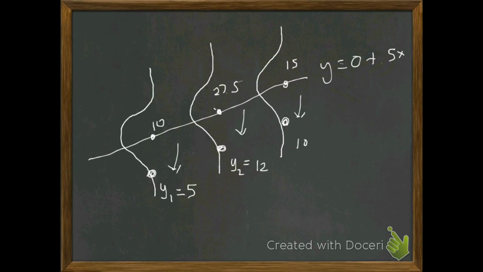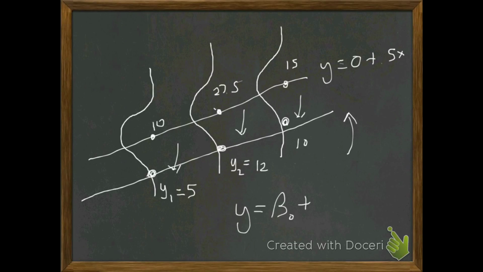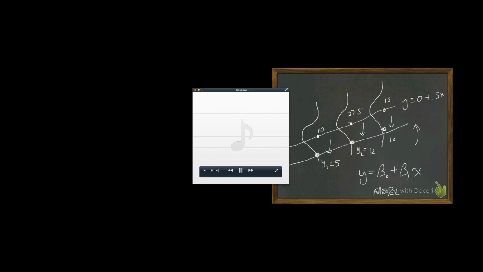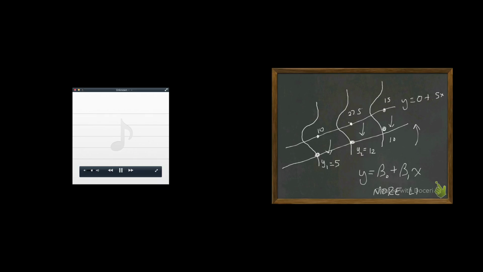Wouldn't it make a lot more sense that there's probably a better estimate, something that's more likely, with different parameter values?